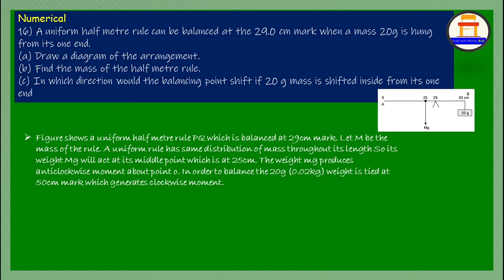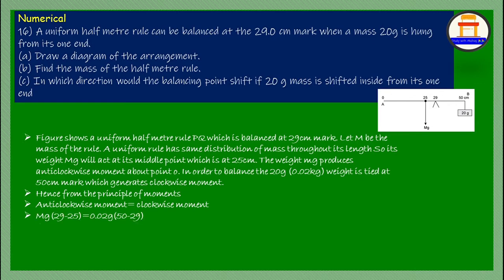The weight mg produces an anticlockwise moment about point O in order to balance 20 grams, or 0.02 kg. Gram must be converted into kg. The weight is tied at the 50 centimeter mark, which generates a clockwise moment. Hence, from the principle of moments, anticlockwise moments is equal to clockwise moments.